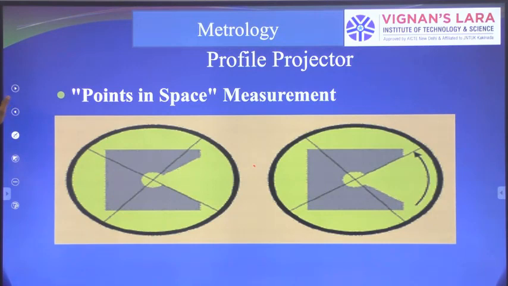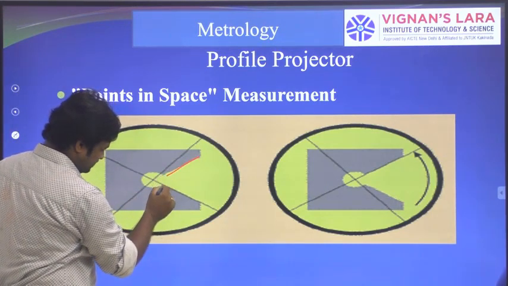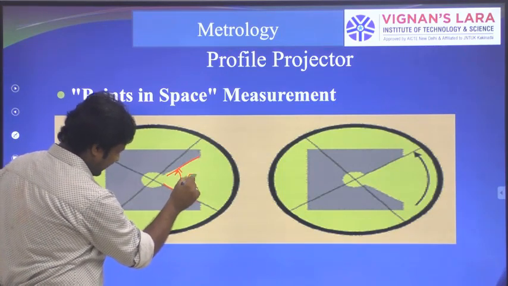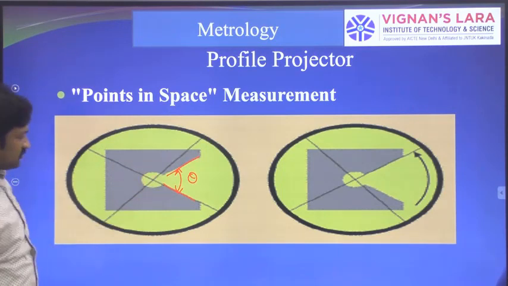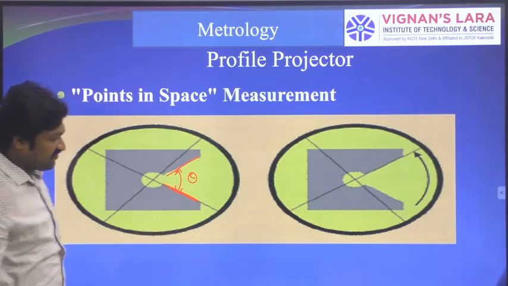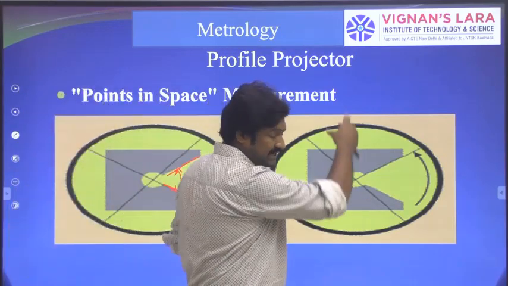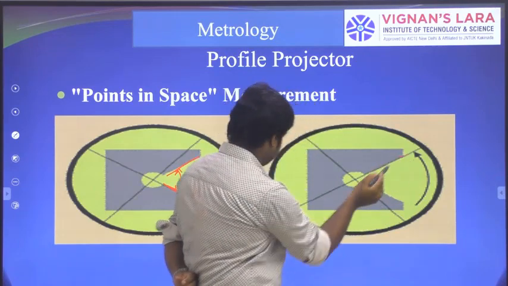Next, measuring angle. Here is the angle between these two faces, theta. The angle between these two faces can also be measured. The reticle is projected to coincide with one face. After that, this reticle, this reference plane, is rotated and made to coincide with the second face.